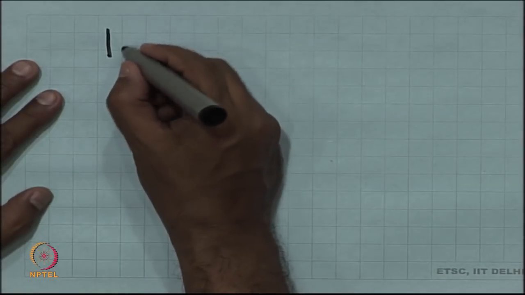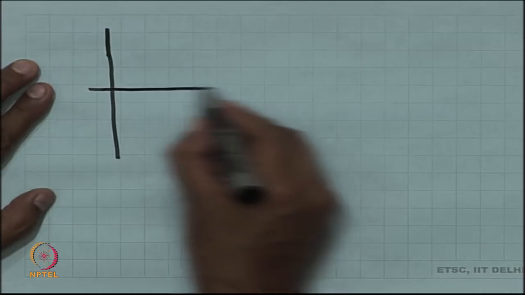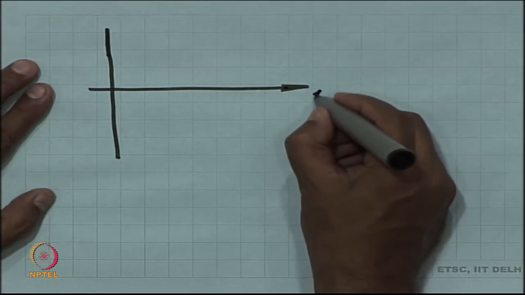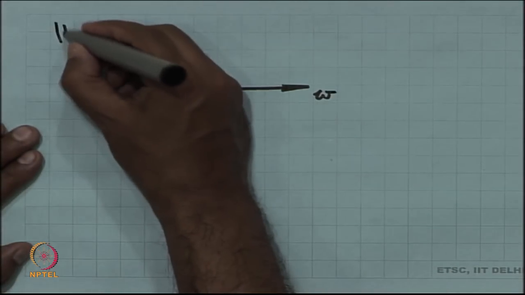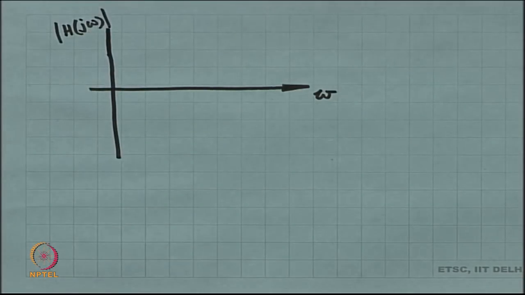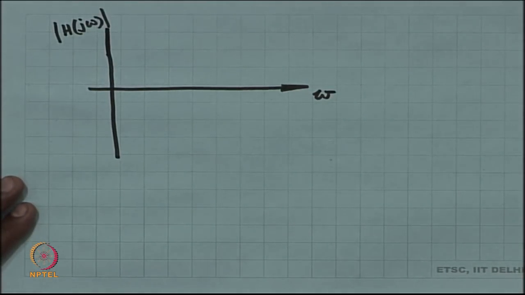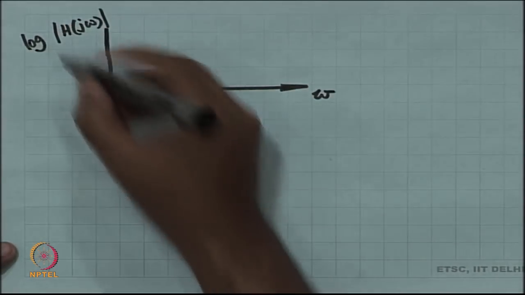Let me just quickly redraw. This was my Bode plot. I am going to plot mod of h of j omega on the y axis. It is going to be log scale, because it is in dB.